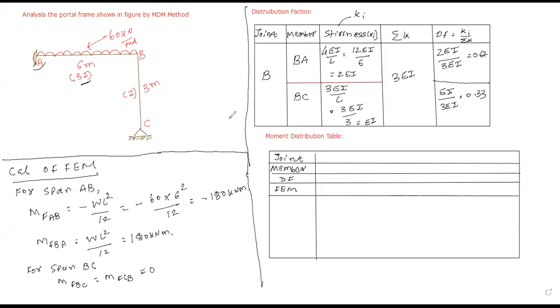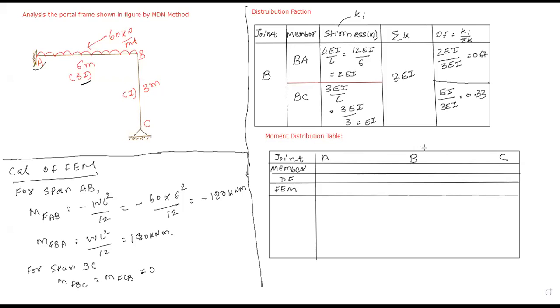How many joints are there in your frame? How many joints, including internal junction? 3. So can I write here like that: A, B, C. Okay.